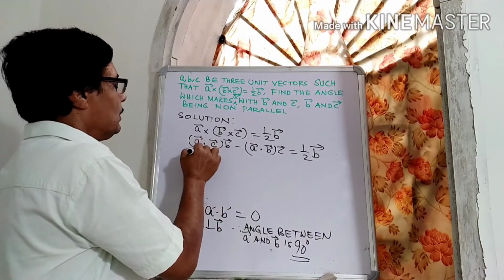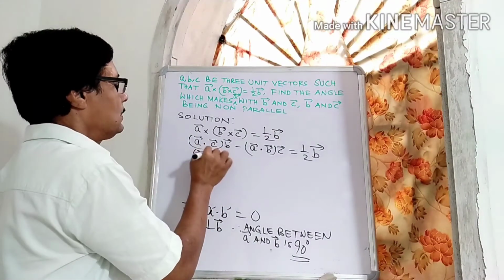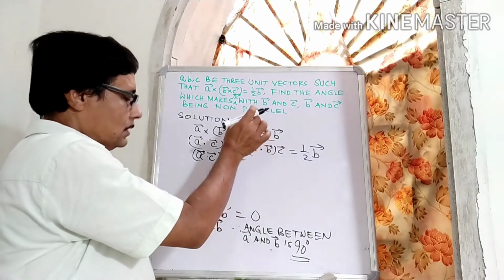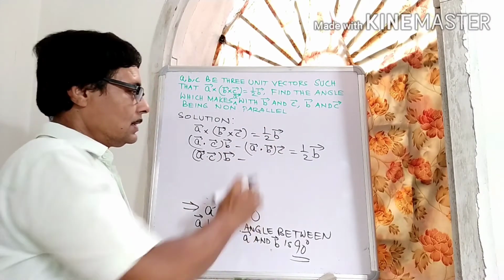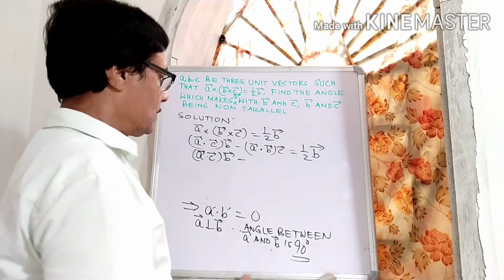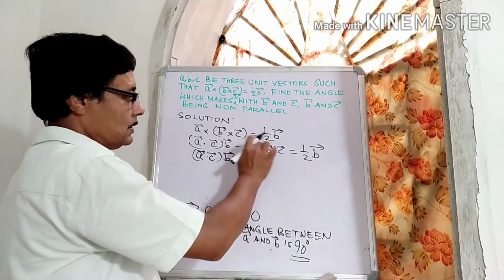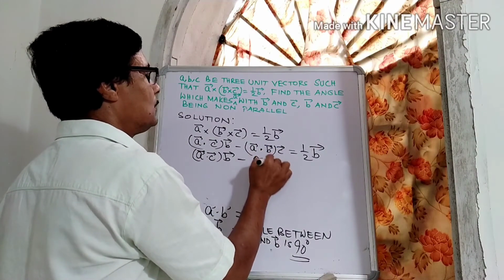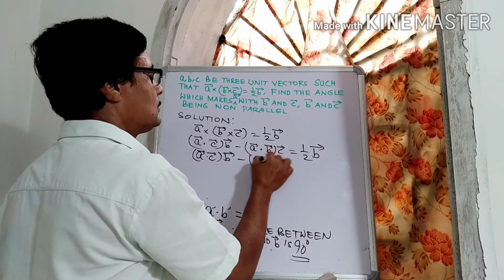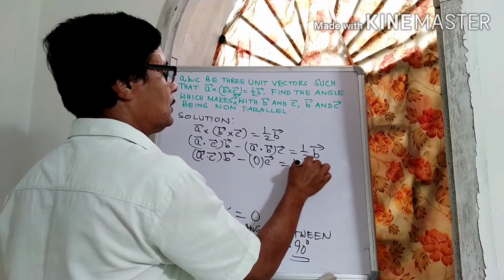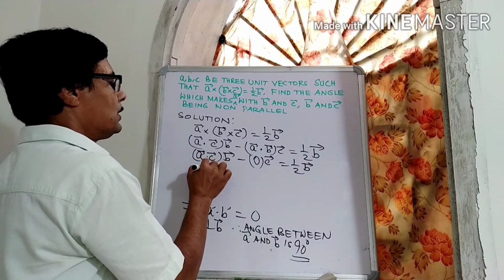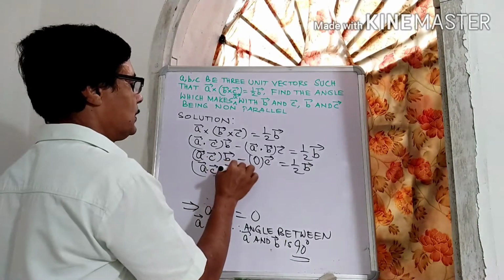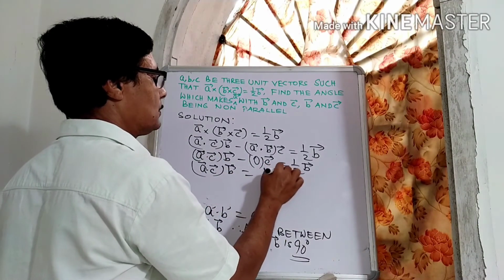Now we have already got A dot B equal to 0, that is, A and B are mutually perpendicular. So we can put A dot B as 0. Then (A dot C) B vector equals half of B vector.